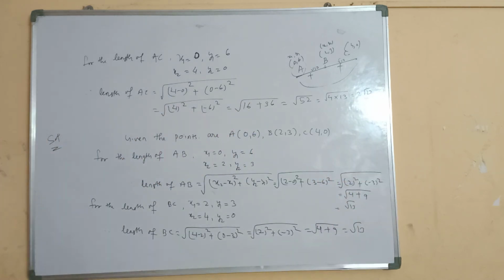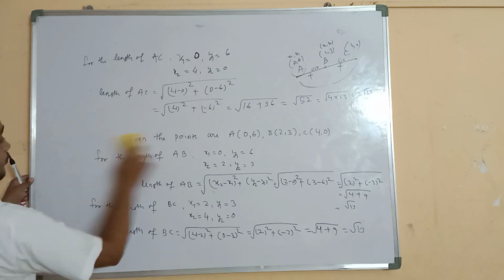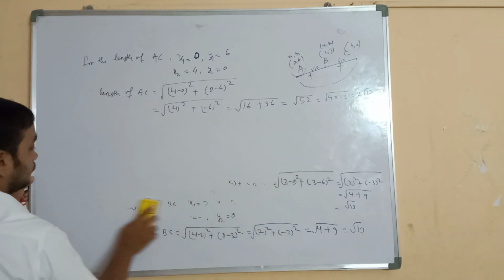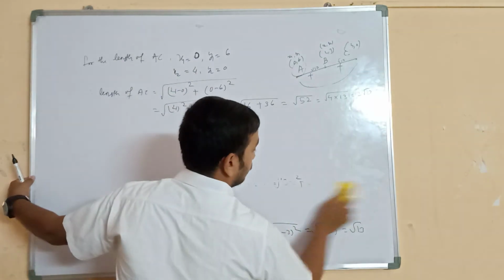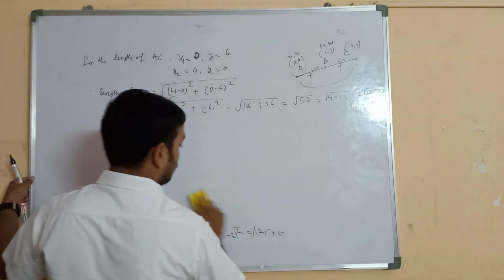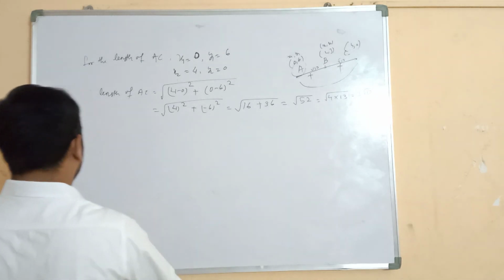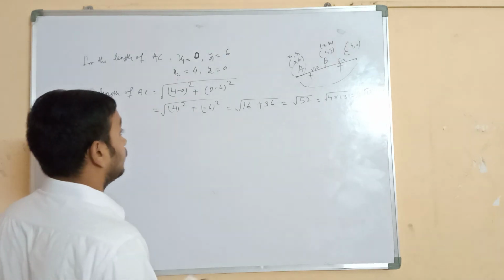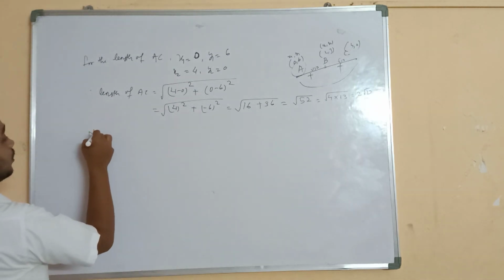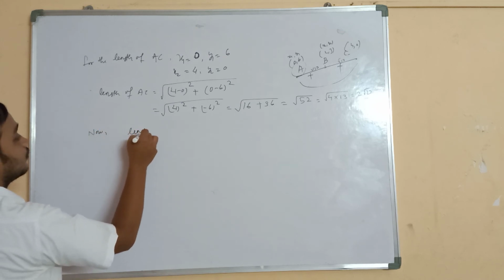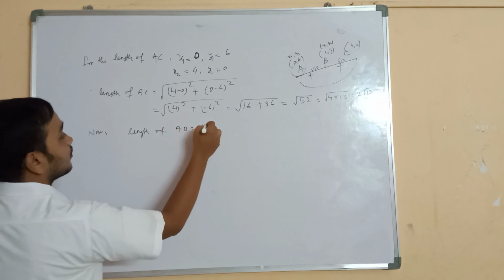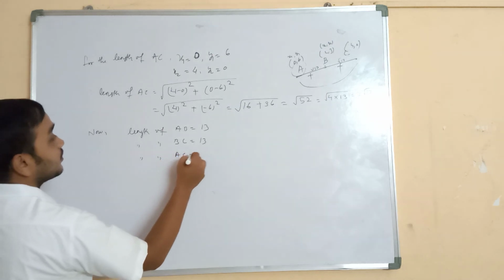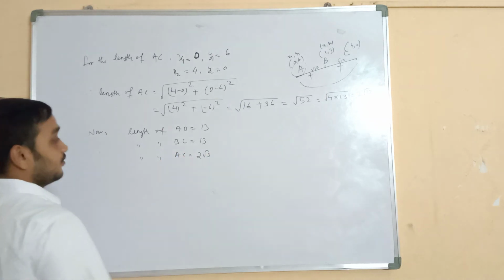Okay, now see. Length of AB is root 13, length of BC is root 13, length of AC is 2 root 13.